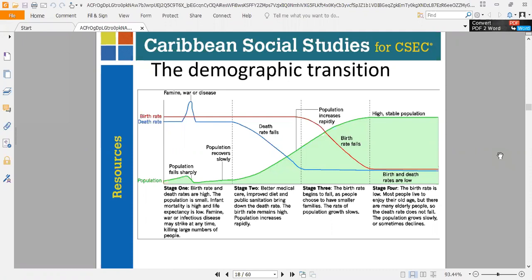One strategy that the government may have used to deal with the problem that the population was faced with in the initial phase. So what was the problem? We realized that there were wars, diseases, and famines taking place. So as the government, what strategy do you think that the government implemented to ensure that this problem was eradicated?